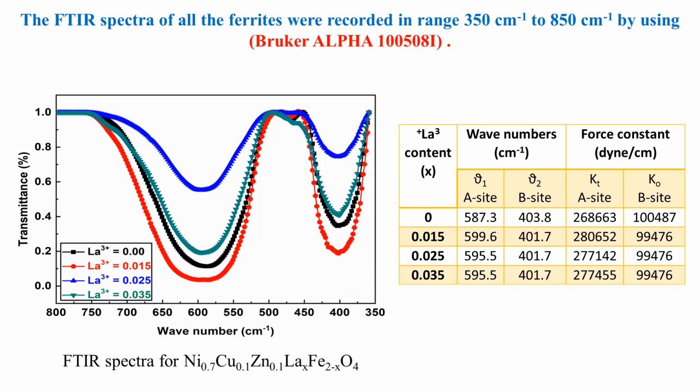Under investigation, it is observed that the oxalate co-precipitation method is a very good method to prepare ferrite as compared to the sol-gel method, the sol-gel autocombustion method, and other chemical methods. Therefore, in our lab, we choose only the oxalate co-precipitation method. Here we also display the data about wave numbers mu1 and mu2 corresponding to the tetrahedral and octahedral sites.